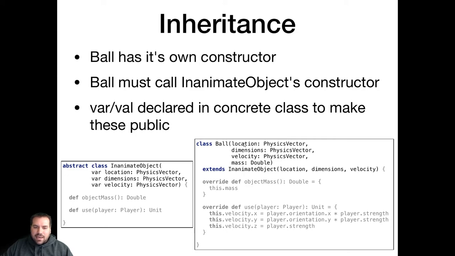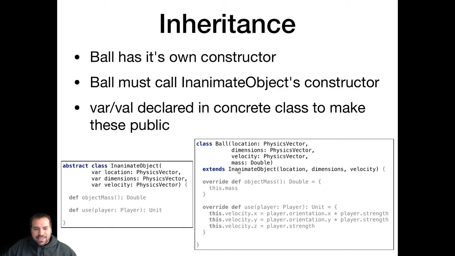And I wish I had changed these names. For clarity, I like to have these as different names than the names of the variables in the other constructor, the constructor that I'm extending. These should be different names just for clarity. But if these are the same names, you can only declare one of them with either val or var. So here I'm not using val or var, meaning these are private variables, which means they can't be seen outside of the ball class.